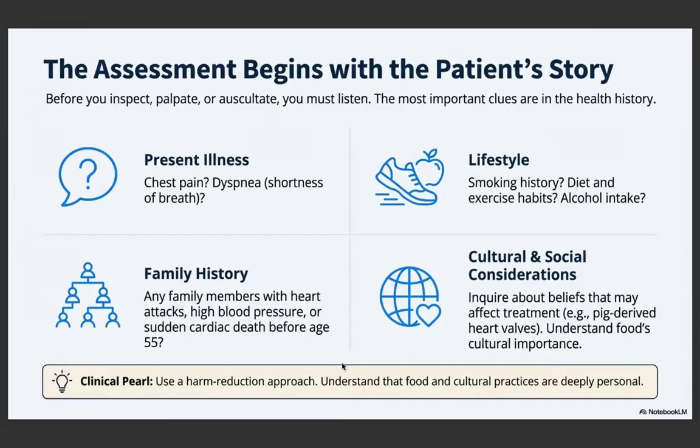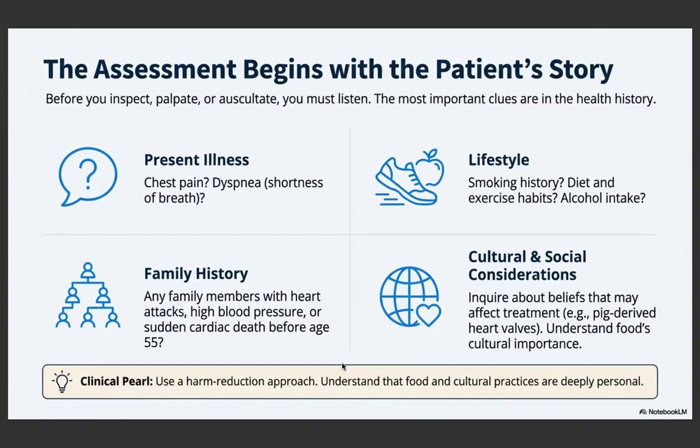Pain is our fifth vital sign. So that is going to be one of the first things that you're going to ask if they're coming into the hospital with any sort of cardiac related symptoms. Shortness of breath is another one that we're going to ask about because that could be indicative of heart failure, fluid overload, those sort of things.